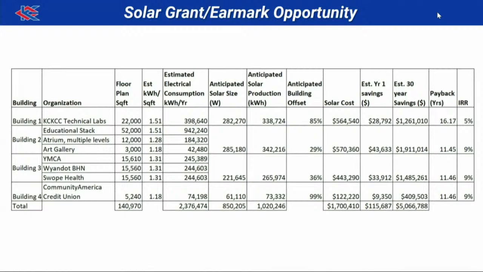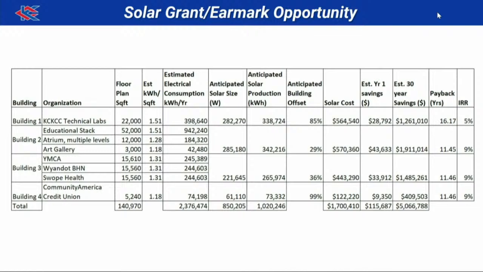Building 2 is the educational stack and the atrium. So it's 3 stories, 1 roof line, right? So it's not going to generate as high of a percentage for that building because there's more space than roof. Building 3 is similar. It would generate about 36% of the power for that facility.